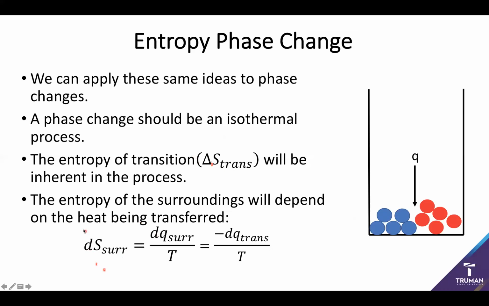And so it turns out that the entropy of our surroundings is going to be dictated by two major features. First of all, how much heat is being released from the surroundings to drive the process. For example, if I'm going from ice to water, this typically involves bringing in heat from the outside. So the amount of heat is going to be very crucial.